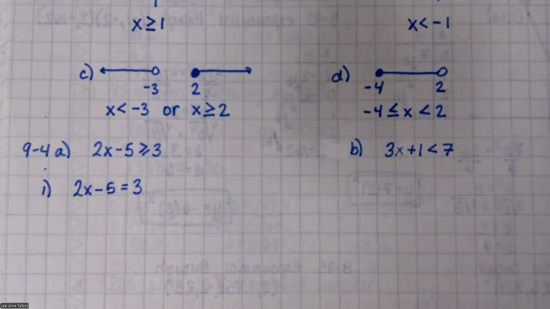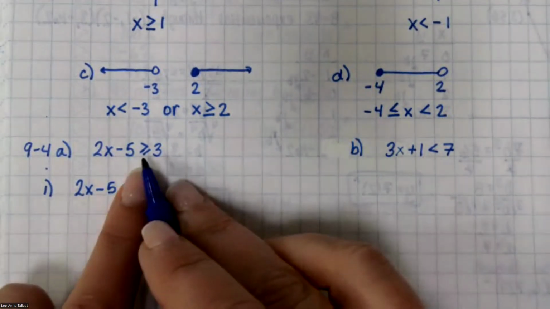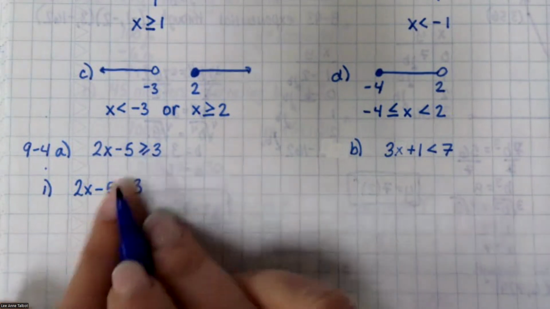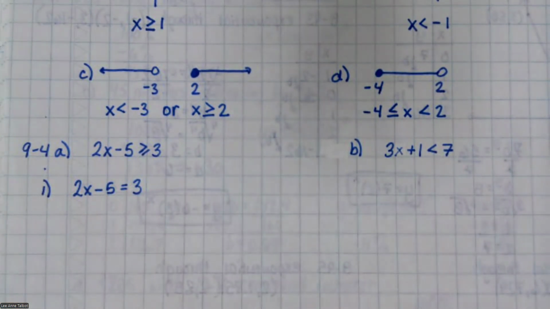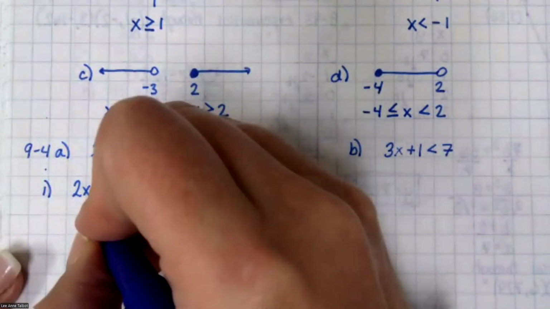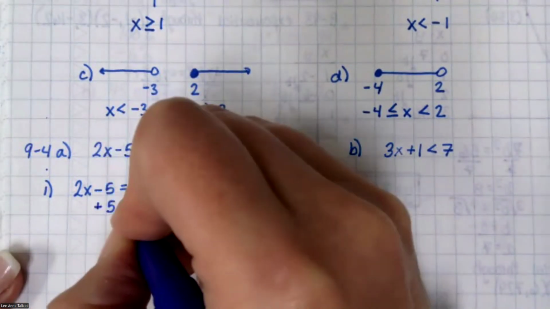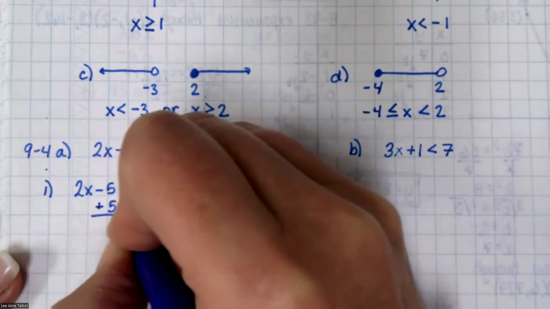You're living in denial, like the long river in Egypt. Just kidding. That's my daily joke there. Okay, what I mean is you're pretending you don't have this terrible inequality. You're just pretending, oh, it's just an equation. No big deal. For now, add 5, add 5.